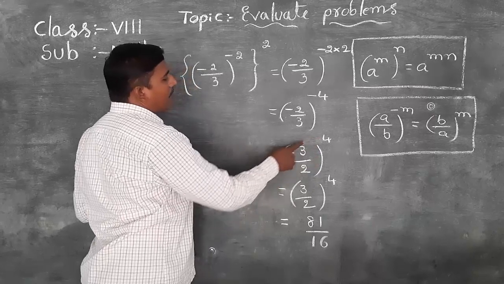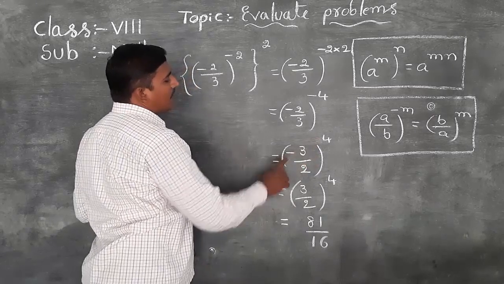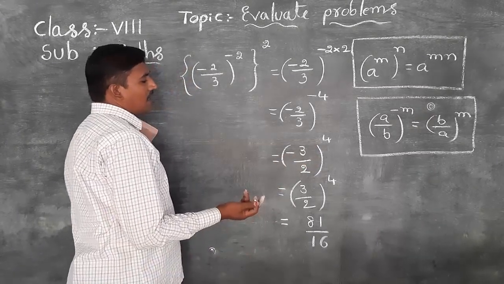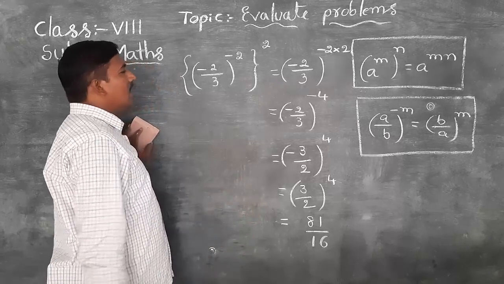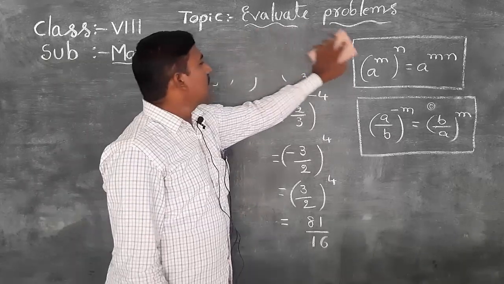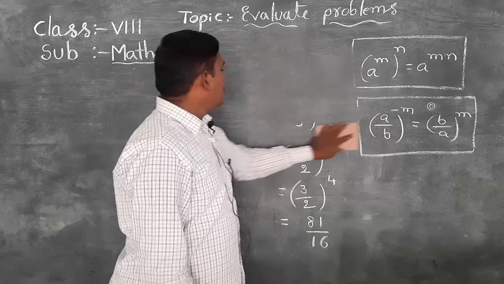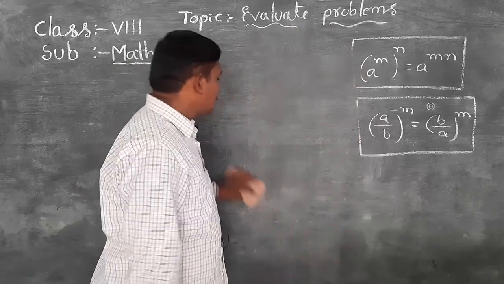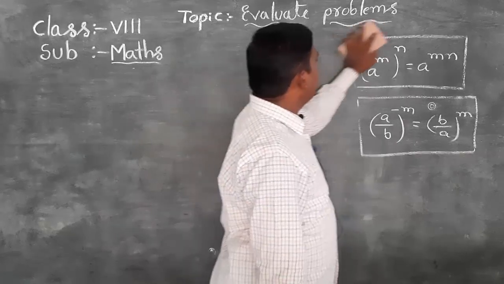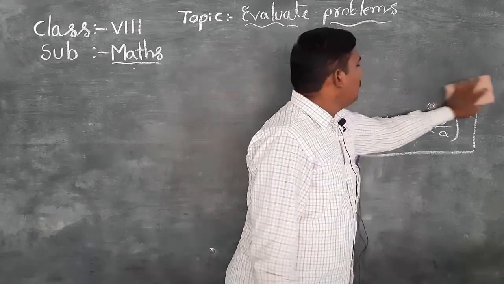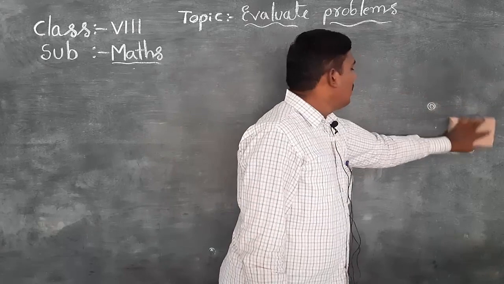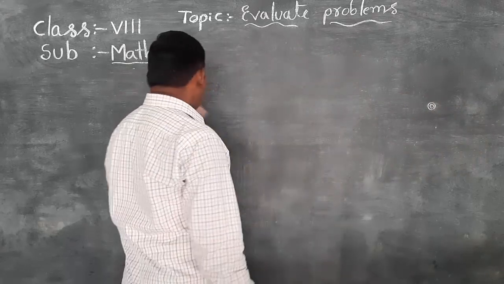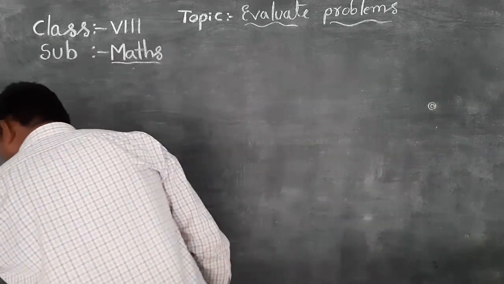So the power is even, here minus no need, writing or not writing, no need. Why? Already in first class we discussed problems like these. If the power is an even number, however many times minus is multiplied, we will get a positive number. If the power is an odd number, we will get a negative value.